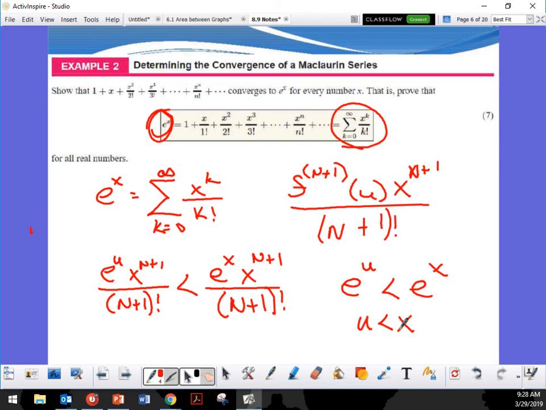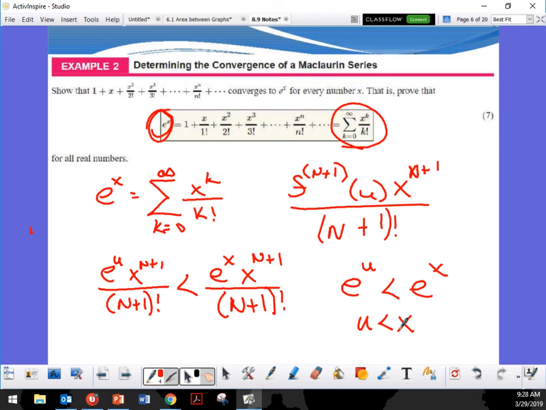So, in this case right here, my radius is actually 0. Right? So, this is like a Maclaurin series where it's going to be 0, right? So, there is no difference in between your x or your r plus or your r minus. It's going to be just right there.